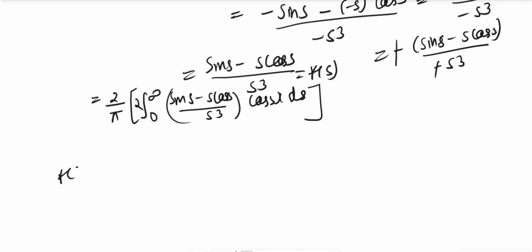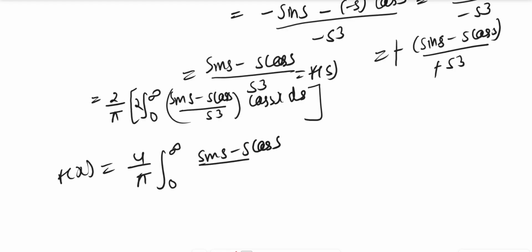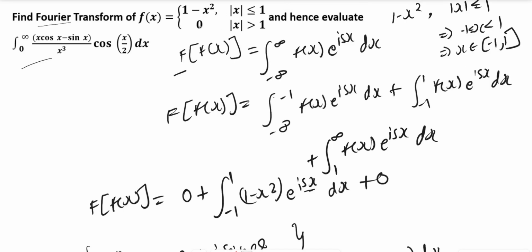So f of x is equal to 4 upon pi integration 0 to infinity of (sin s minus s cos s) divided by s cube cos sx ds. Now we had to evaluate the integration x cos x minus sin x divided by x cube and cos x by 2.